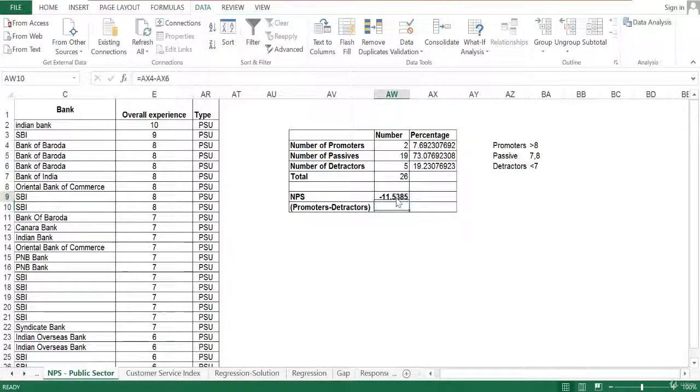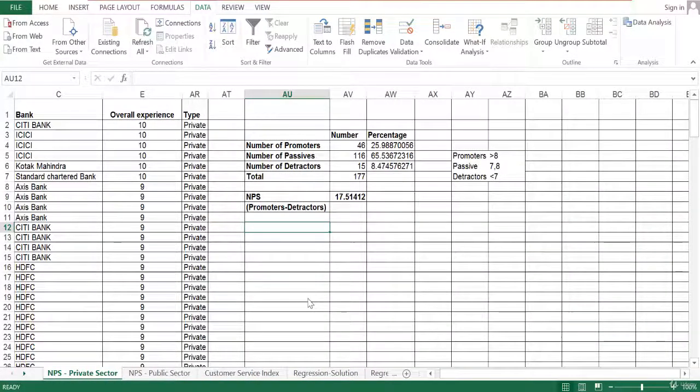A negative sign should raise an alarm for the public sector banks, because a negative net promoter score indicates that the majority of customers are spreading negative word of mouth, which would not help in gathering new customers or even retaining existing ones. So the negative NPS acts as an alarm signal for all these banks.